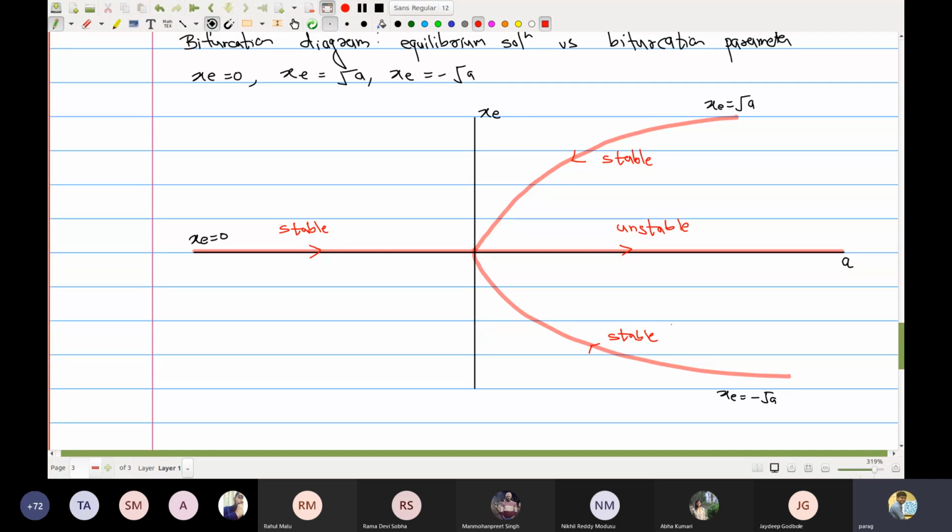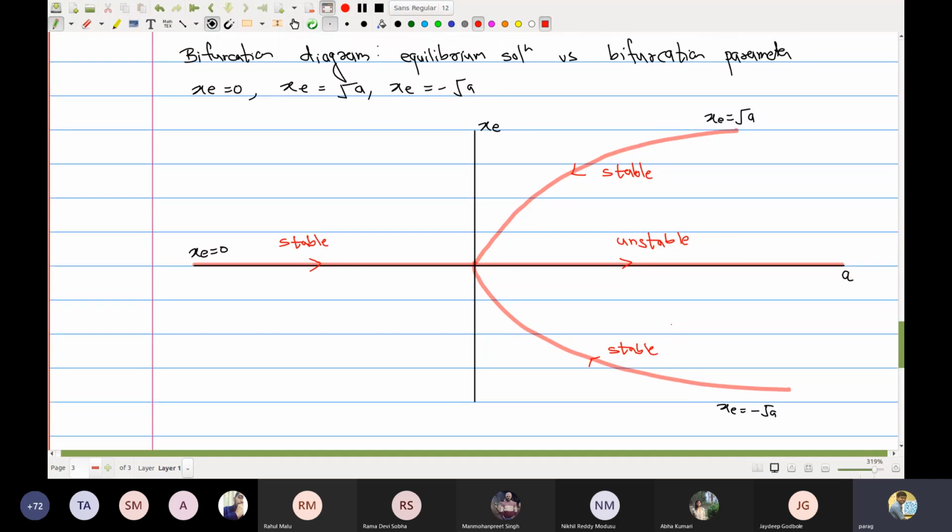Let us remind ourselves of how we did it. How is a bifurcation plot obtained? A bifurcation plot is a plot of the bifurcation parameter and the equilibrium solution. Equilibrium solution xe equal to 0 gives a horizontal line, xe equal to root a the upper curve, xe equal to minus root a the lower curve.